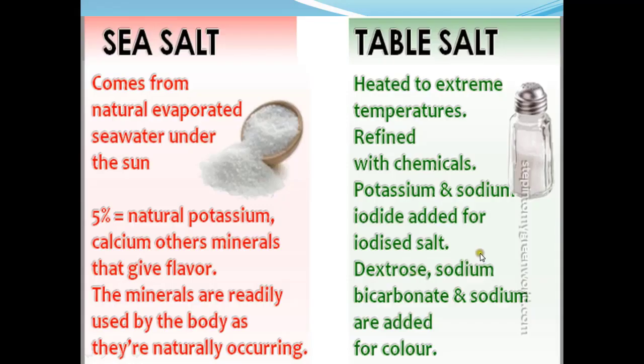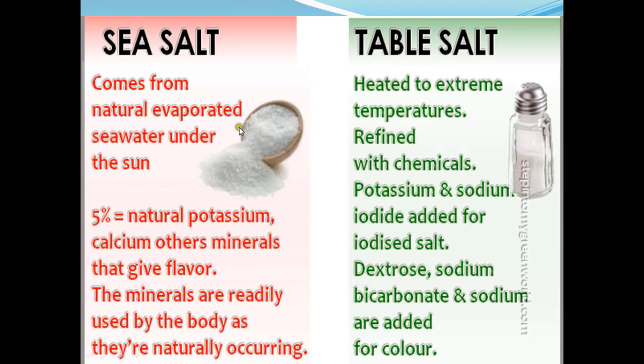Furthermore, sea salt comes from natural evaporated sea water under the sun, and it has 5% of natural potassium, calcium and other minerals that give a flavor. The minerals are readily used by the body as they are naturally occurring.